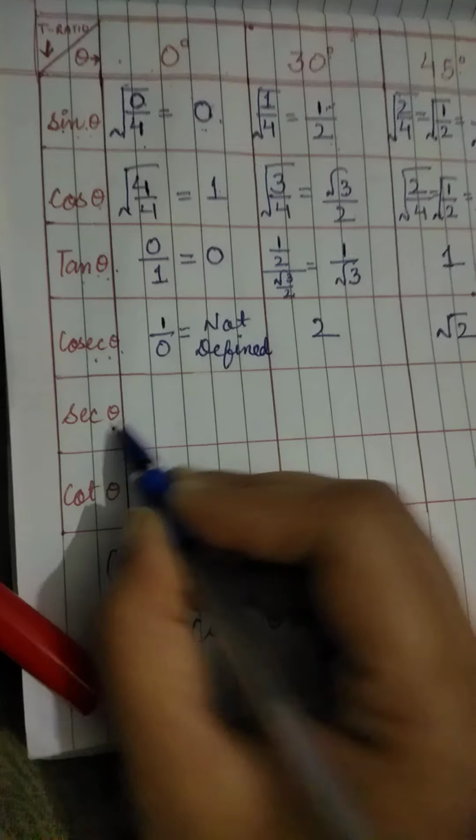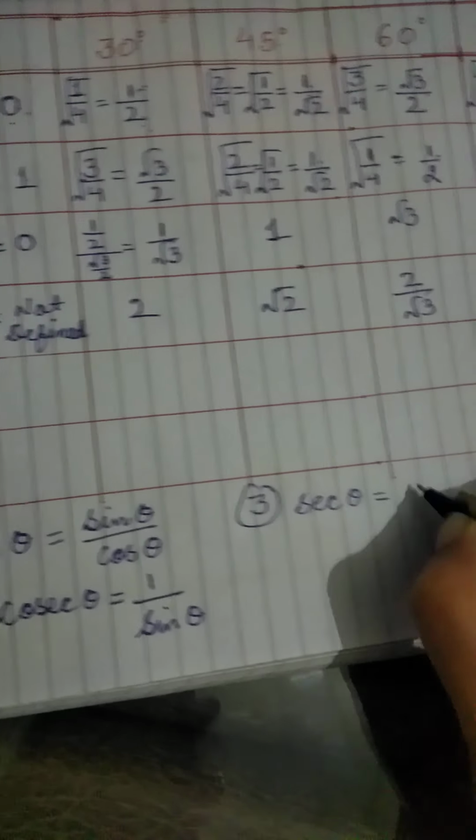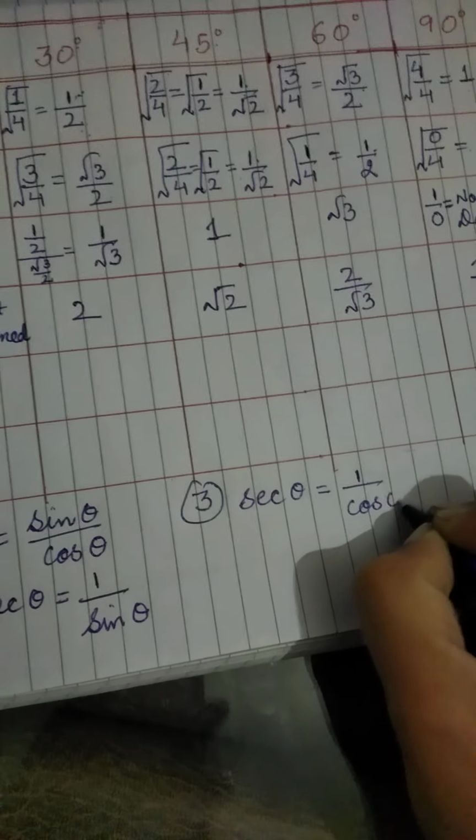Next is secant theta. The third formula is secant theta, which is equal to 1 divided by cos theta.